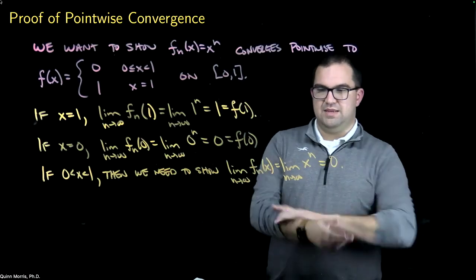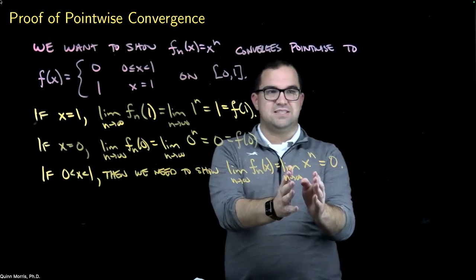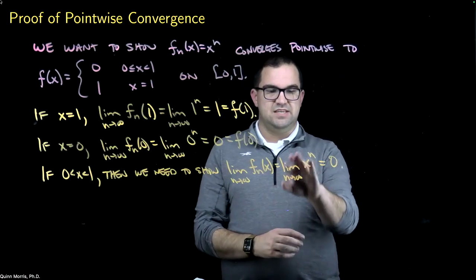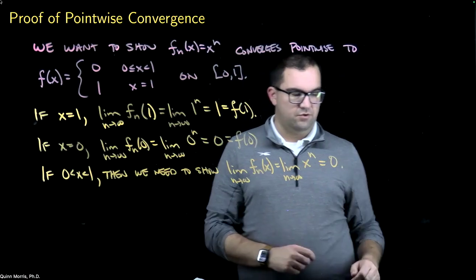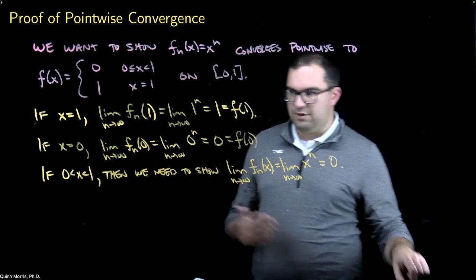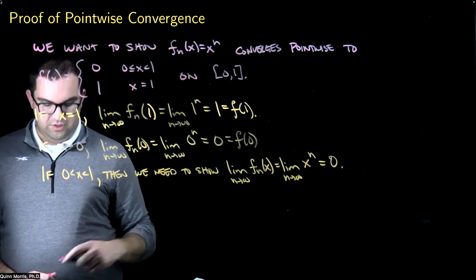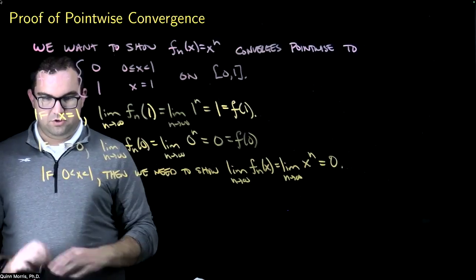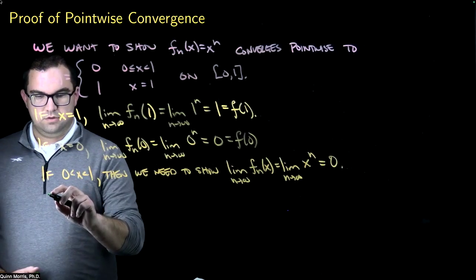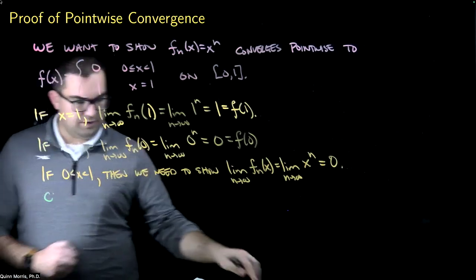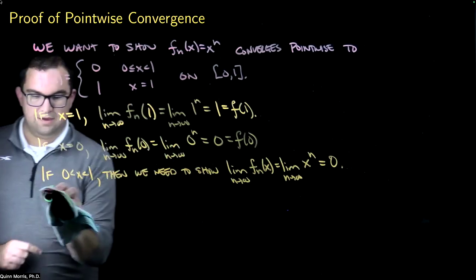How do I prove that any sequence of real numbers converges? Imagine x is fixed. This is just a sequence of real numbers, and I want to show that it converges to 0. I'm basically going to do a mini sequence convergence proof within this proof. So I need to let epsilon greater than 0 be given.